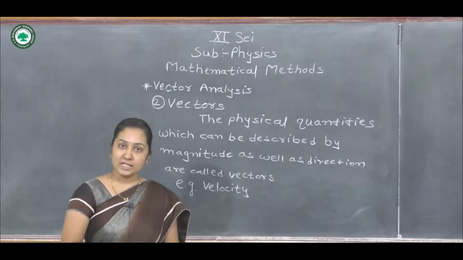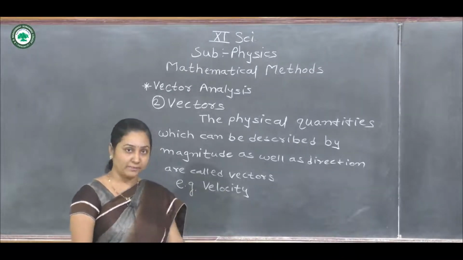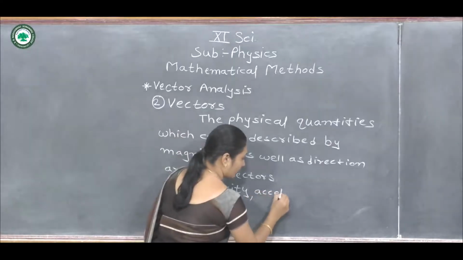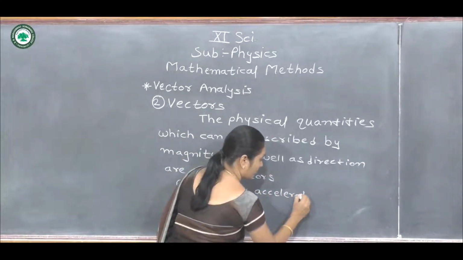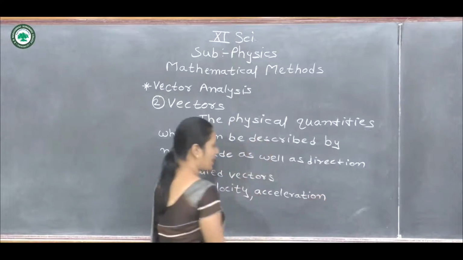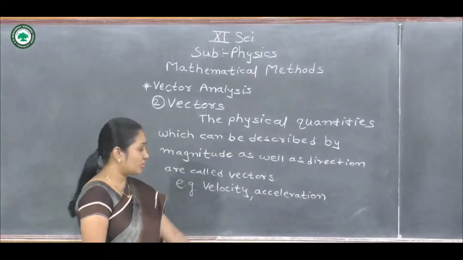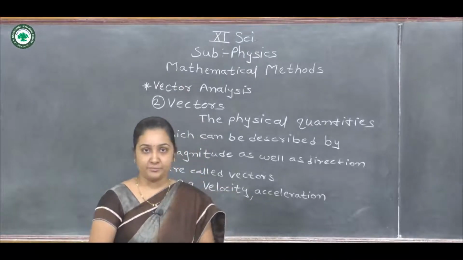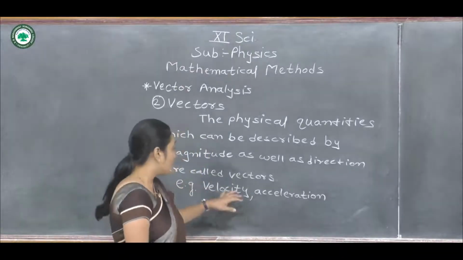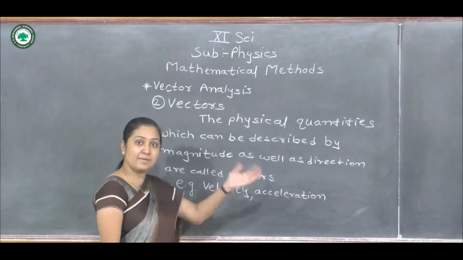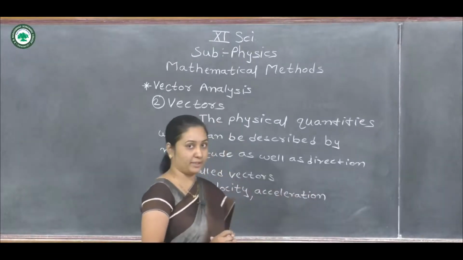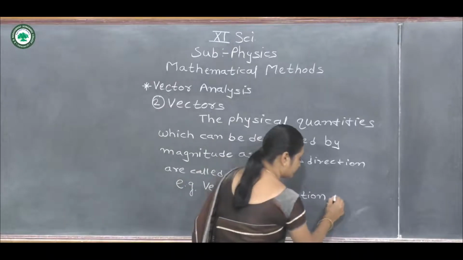So velocity is a vector quantity. Similarly, acceleration. Acceleration is nothing but the rate of change of velocity. So velocity is a vector, and similarly acceleration is also a vector quantity. Then force.